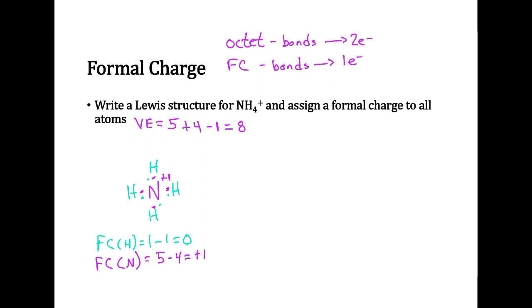We aren't quite done yet because we have to indicate that there is a charge on this species, and there are 2 ways of doing this. One way is to put this whole thing in brackets, and then put the plus 1 charge up here. Sometimes you won't even see the plus 1 charge written by the nitrogen, it just might show the overall charge up here.